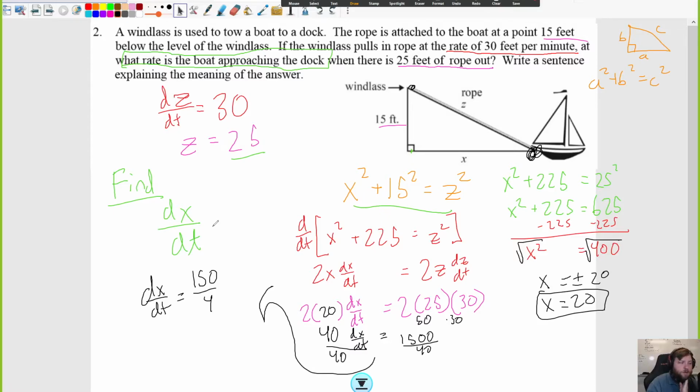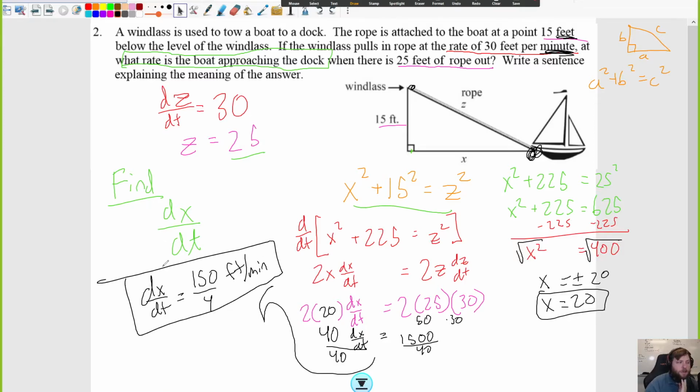But what are my units? I have feet and I have minutes. So going back to what we did last time, everything's either in feet or minutes. You have your distance on the top and your time on the bottom. Since this is a rate, this is going to be feet per minute.